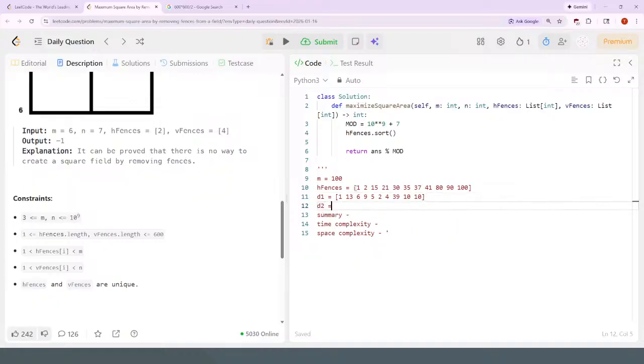And then D2 would be, oh, what's going on here actually? I don't find the derivative of these, right? Maybe 13 plus 1 is 14, where 14 represents 1 going to 15.